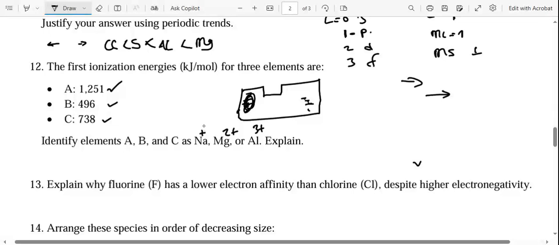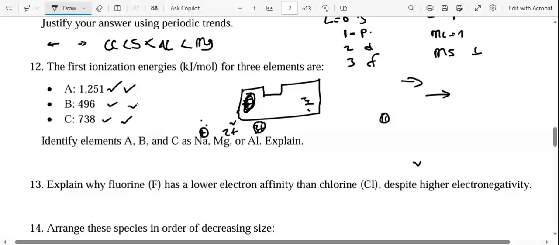Sodium has a high value because it's not easy to remove this one electron which is there. But when there are two electrons, you can remove them easily because there is repulsion. So what I'm trying to say is, of these three here, aluminium will get the highest, followed by magnesium. Sodium will be the least.